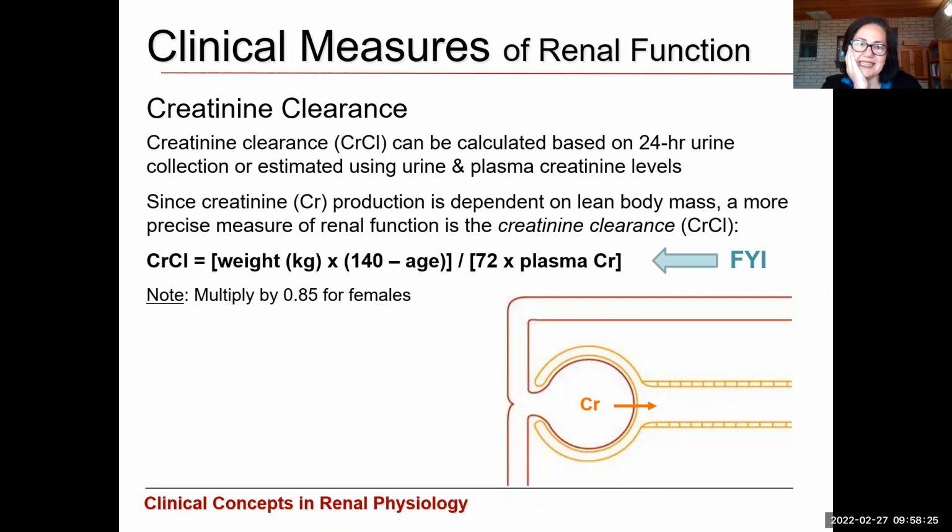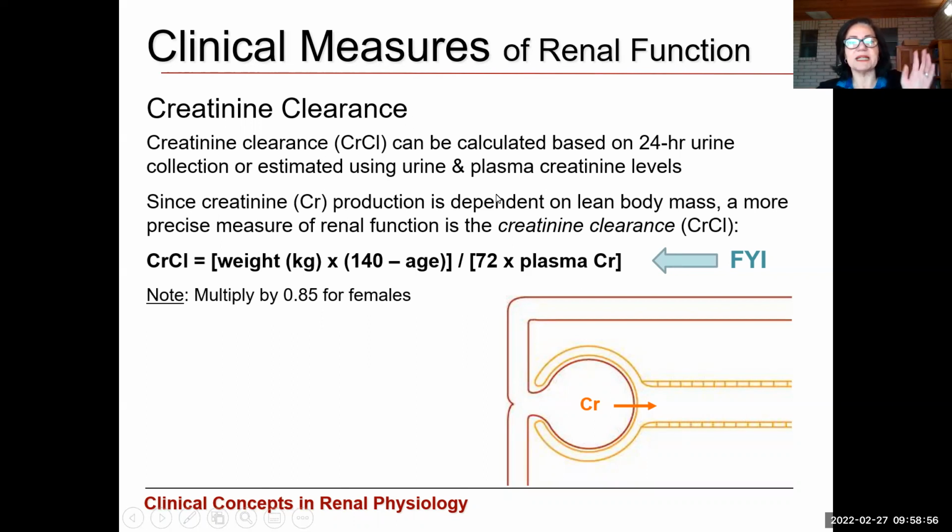And so instead of just looking at the straight up creatinine number, you'll hear something called creatinine clearance. This is generally calculated off of the plasma creatinine, but we throw in 3 other factors. And I'm including the formula here. This is generally calculated for you already on lab reports. But I wanted you to see what the 3 factors are that play a role here.